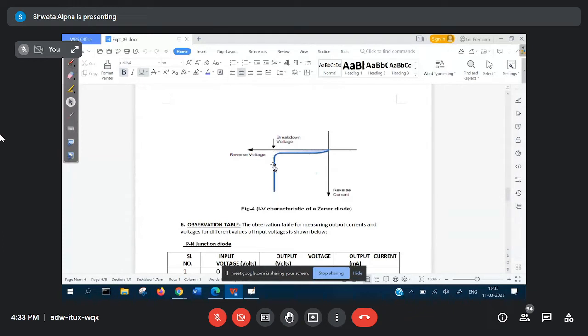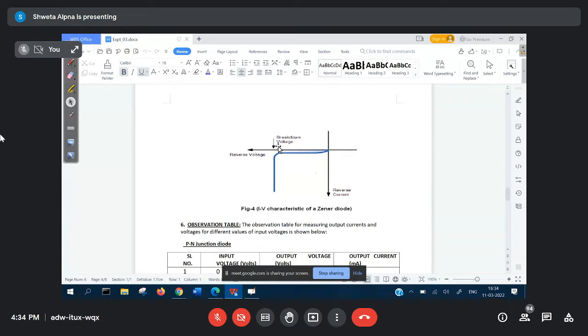Therefore the Zener diode has an important application: it is used as a voltage regulator. Voltage regulator means that when put in a circuit, it will keep the voltage constant irrespective of the load current and load voltage. Even if the load current is changing, the voltage remains constant.